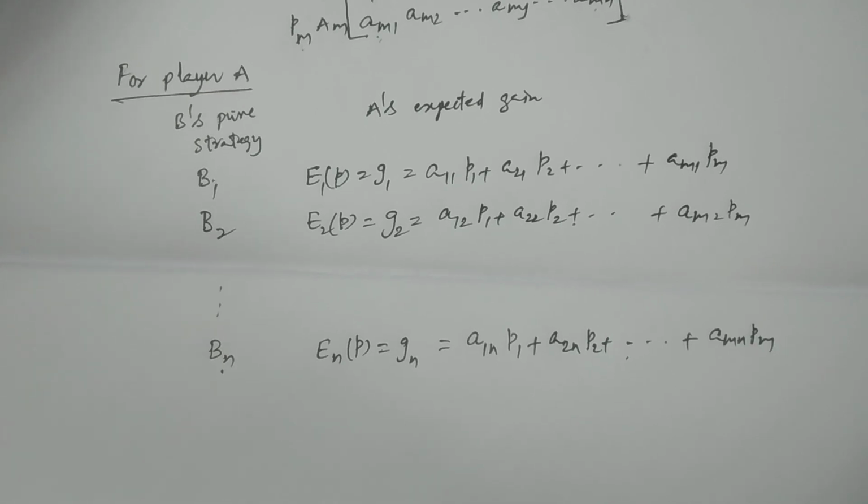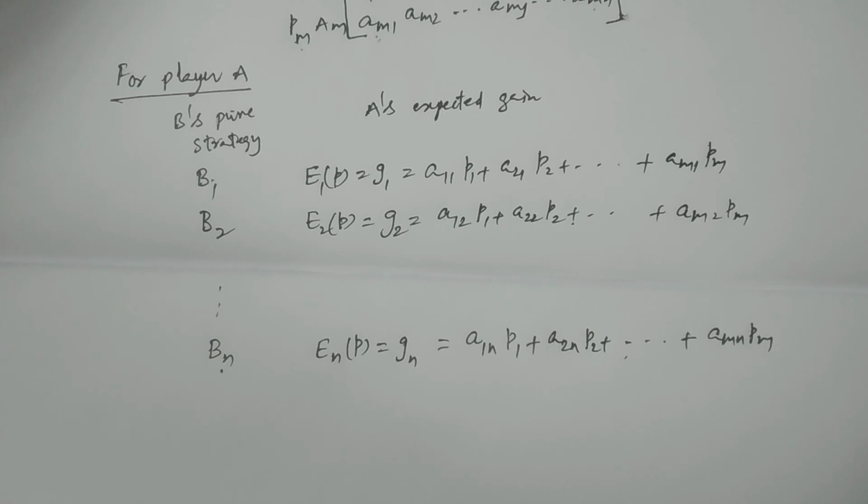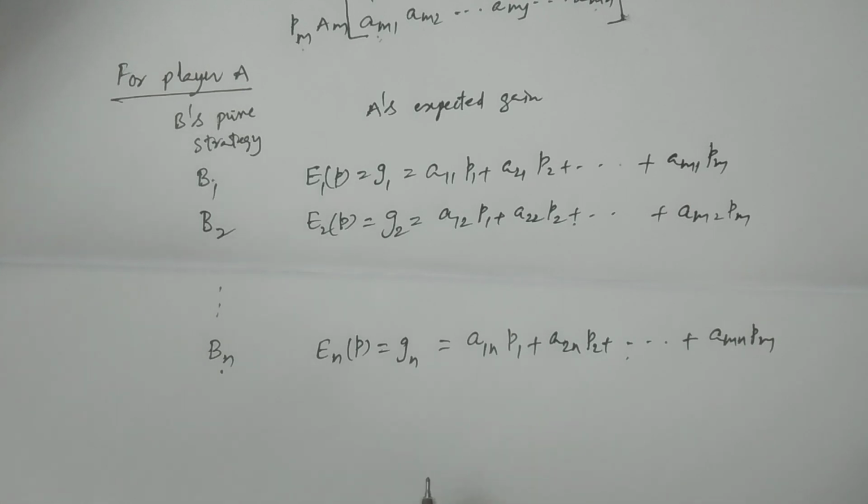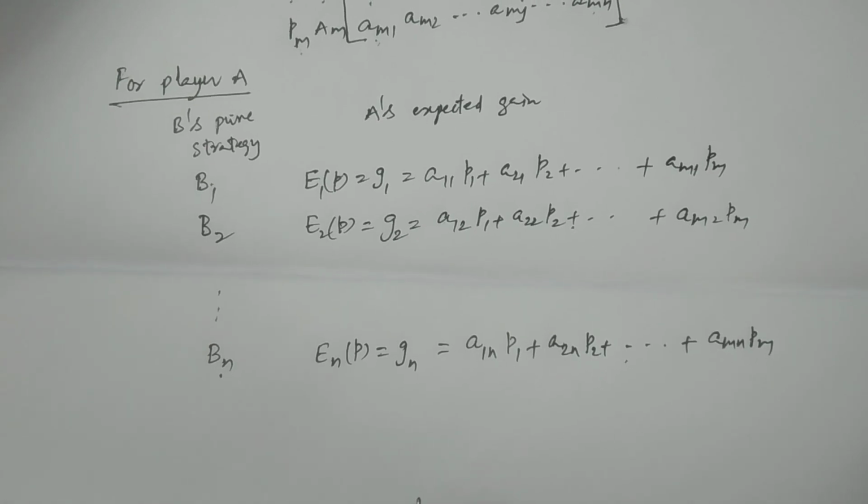Based on that, player A would like to select one particular Pi which maximizes the minimum expected gains. Among these minimum expected gains, player A would like to select the one which gives maximum gain to him, right?